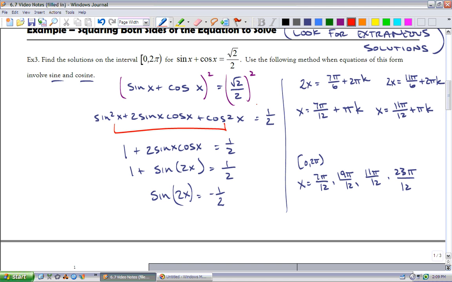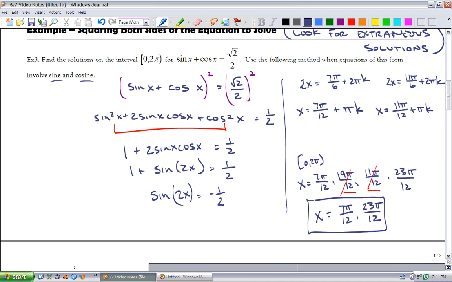If you were to check these two middle answers here, what you would find out is these two answers would not work. Okay? So from that, we're going to get x equals 7 pi over 12 and 23 pi over 12. And those would be the only two solutions that work from 0 to 2 pi.